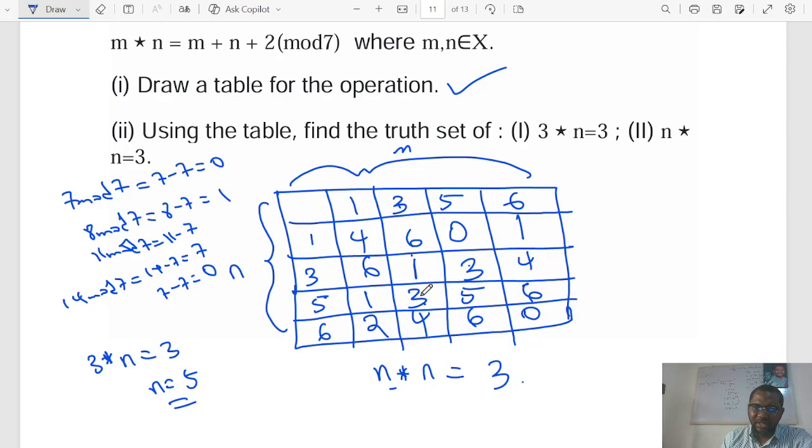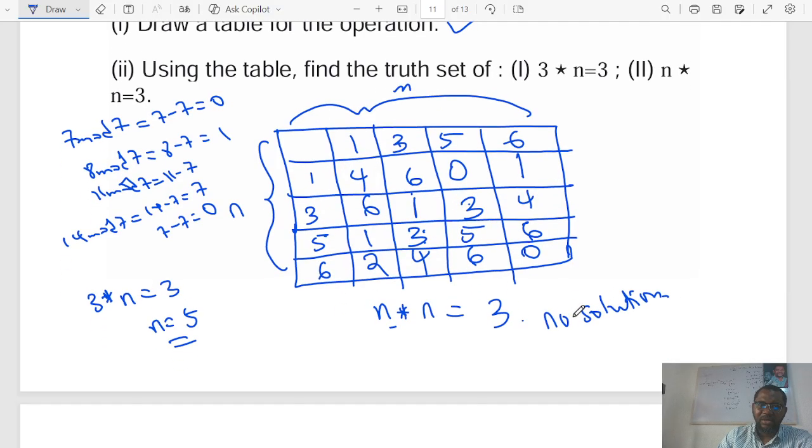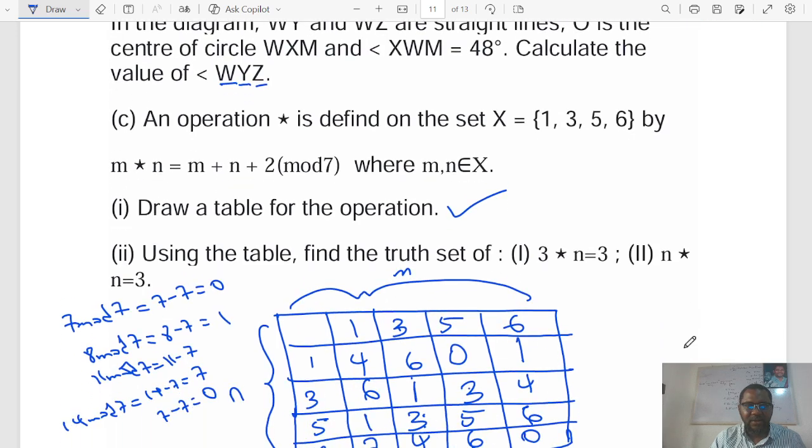These are the only two 3's here, and it's 3 and 5, so there is no solution here. And this does not fall into our table.